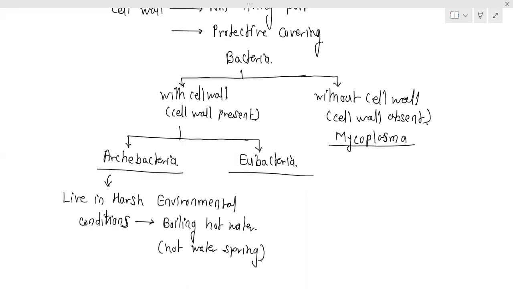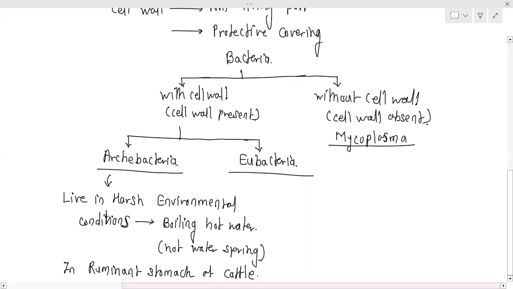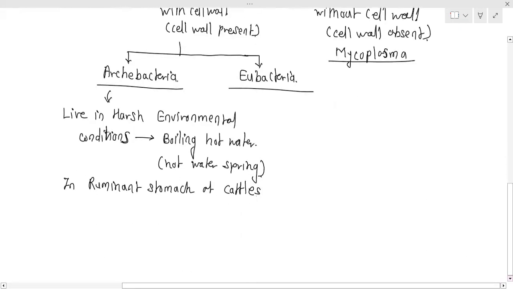Harsh environmental condition. In a ruminant stomach, a special stomach that cattle have. Cattle means buffalo and cow, okay. So they live in such harsh environmental conditions. These are called archaebacteria.